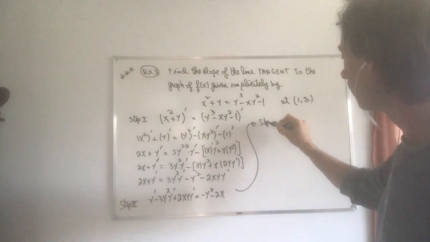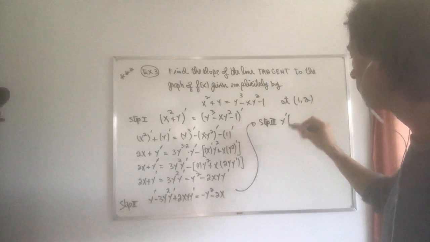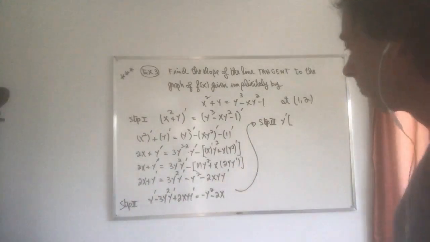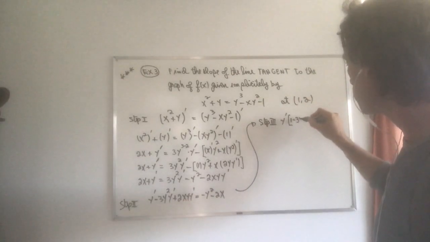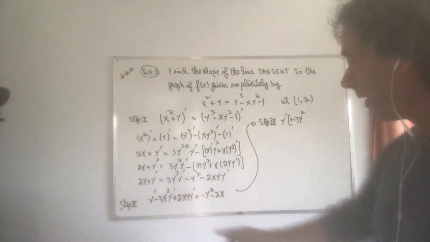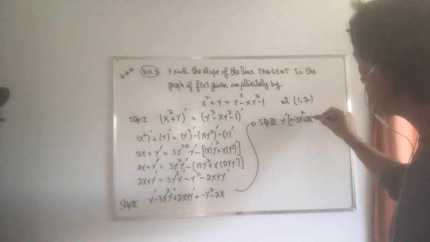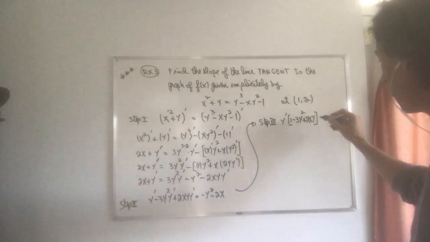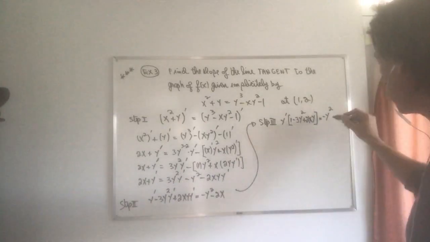Let's move over here. Step 3. Take out the y prime. What do you have if you take out the y prime from here? 1 minus 3y squared plus 2xy, equal to minus y squared minus 2x.